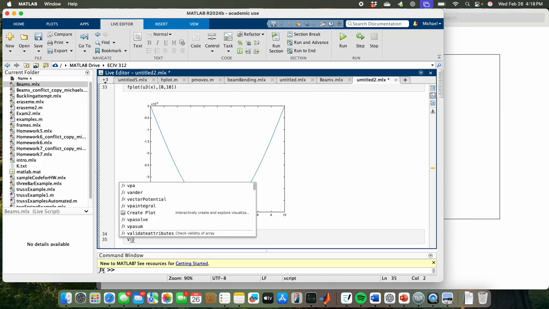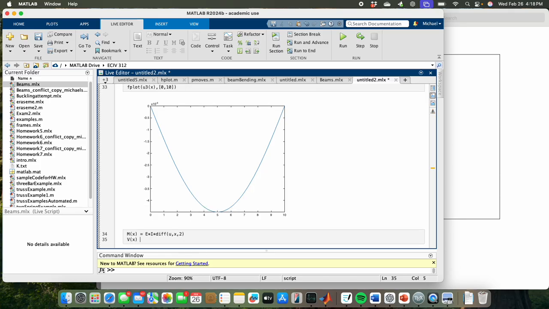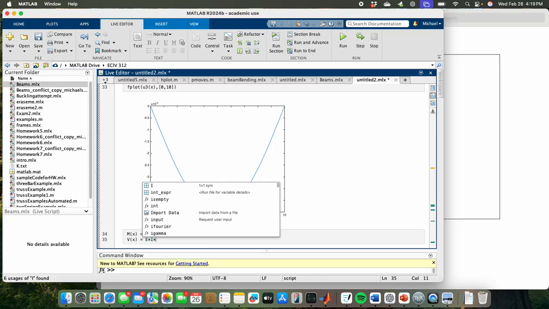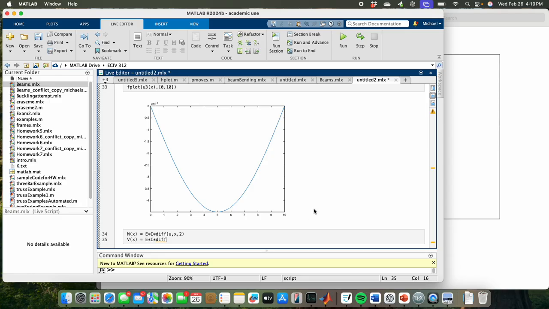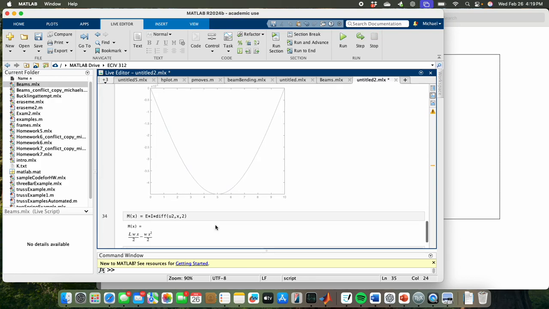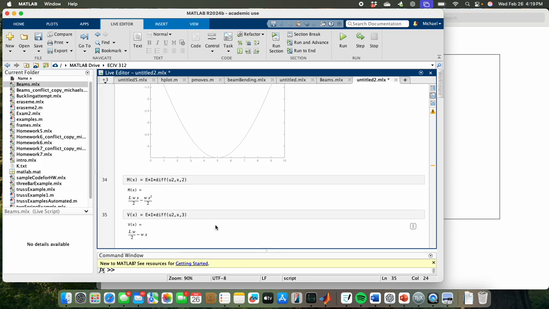My V of x will be equal to E times I times diff Q, comma, it should be U2. Right. So there's what my moment equation is and what my shear equation is.